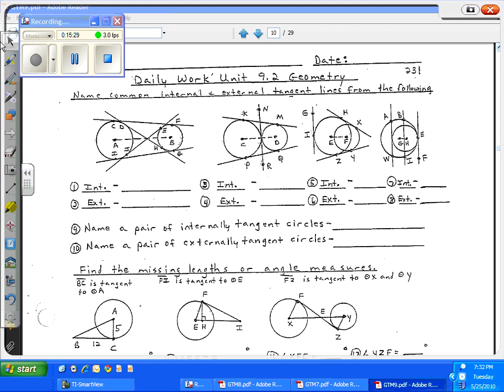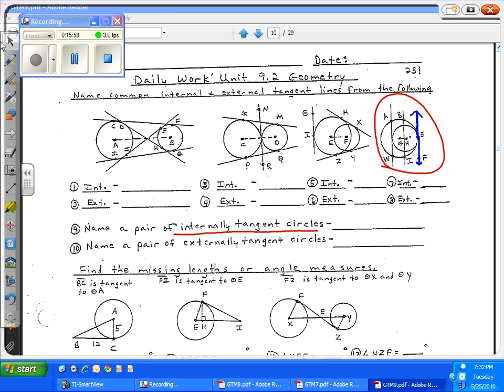centers. It says name a pair of internally tangent circles. This last set are internally tangent. The reason they are, to be tangent circles, they have to be tangent to the same line at the same point. Circle G and circle H were both tangent to line EF at point E. So that makes them common tangent circles.